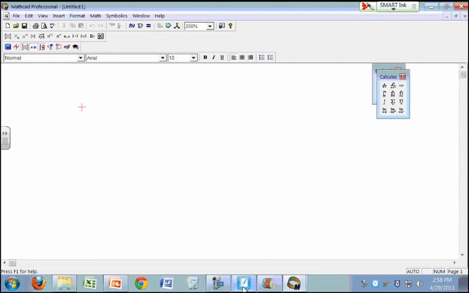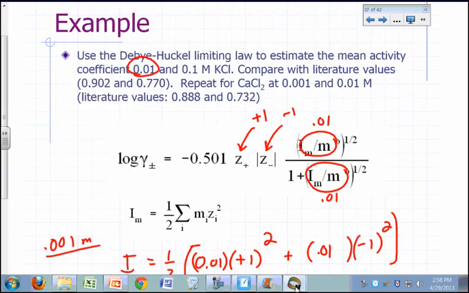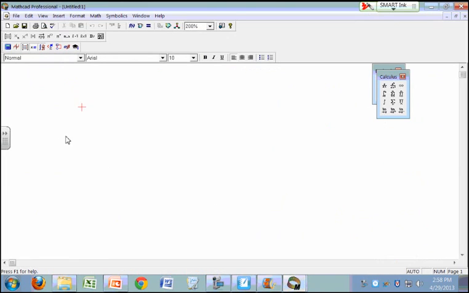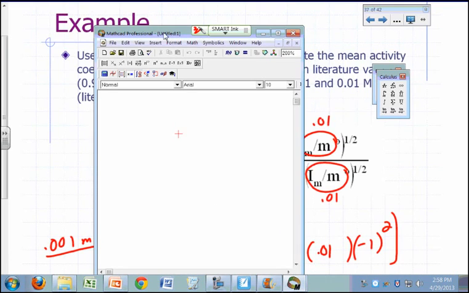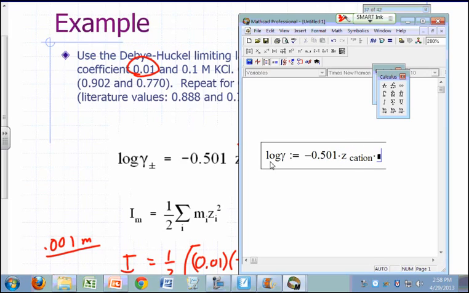Okay, what's our equation? Log of gamma plus minus equals -0.501 times Z cation times the absolute value of Z anion.